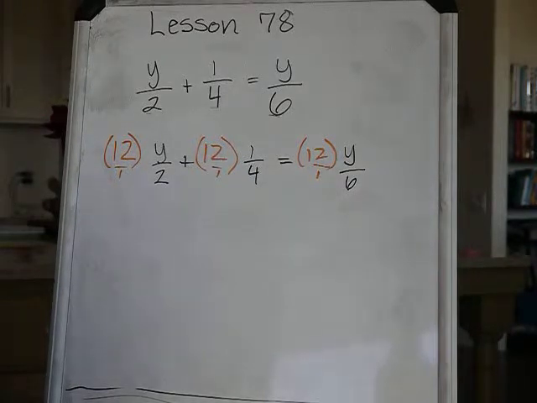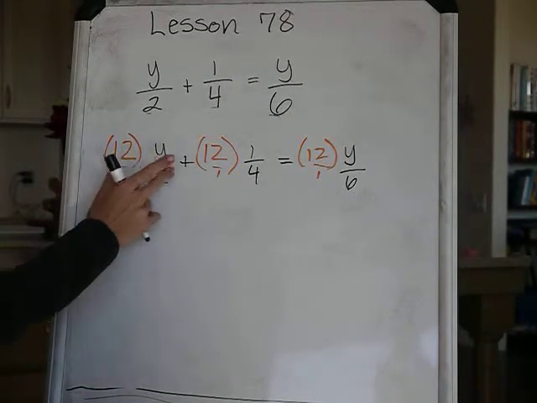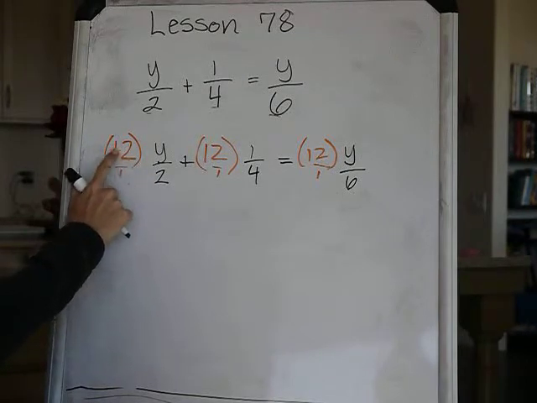The magic about multiplying by the least common denominator, by 12, is that all of the denominators are going to disappear. Goodbye denominators, because we're going to cross cancel.